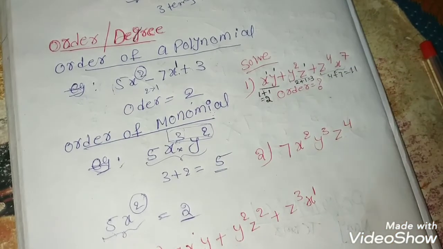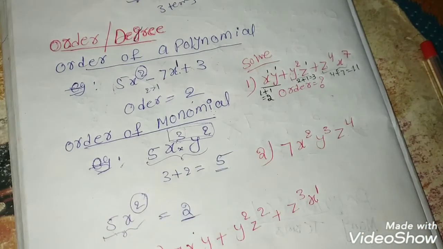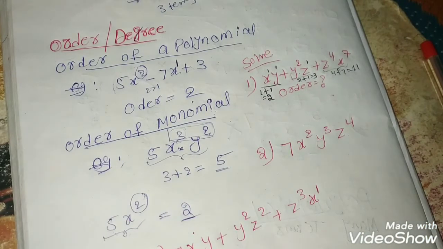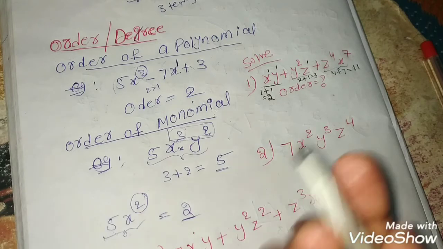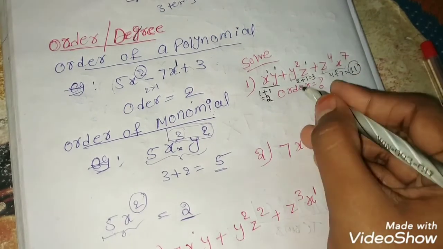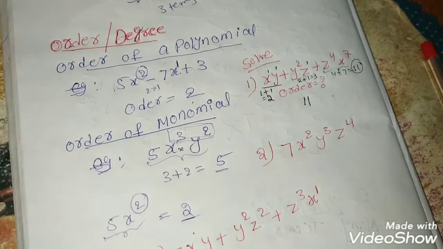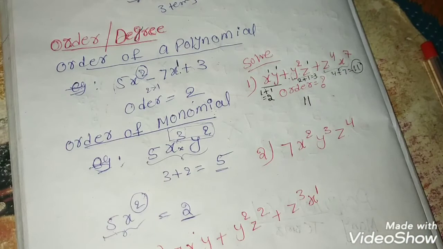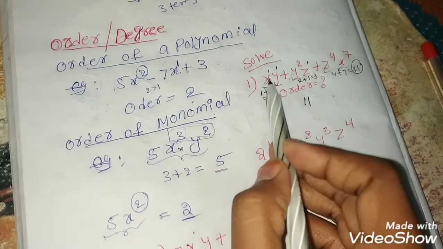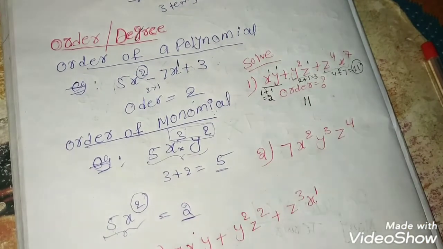So how can we choose the order? We have to choose which one is the highest number, that means which one is the highest power. So of course 11. So our answer is 11. 11 is the order of this polynomial. Okay, how many terms do we have? 1, 2, 3. We have 3 terms.